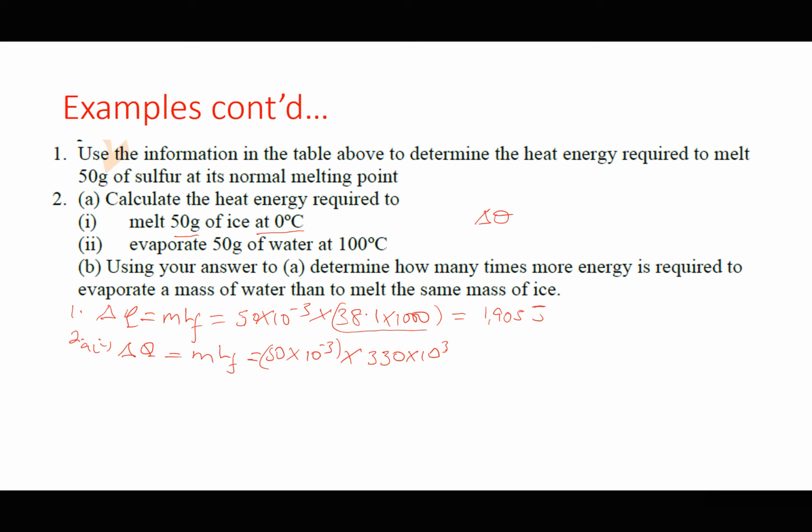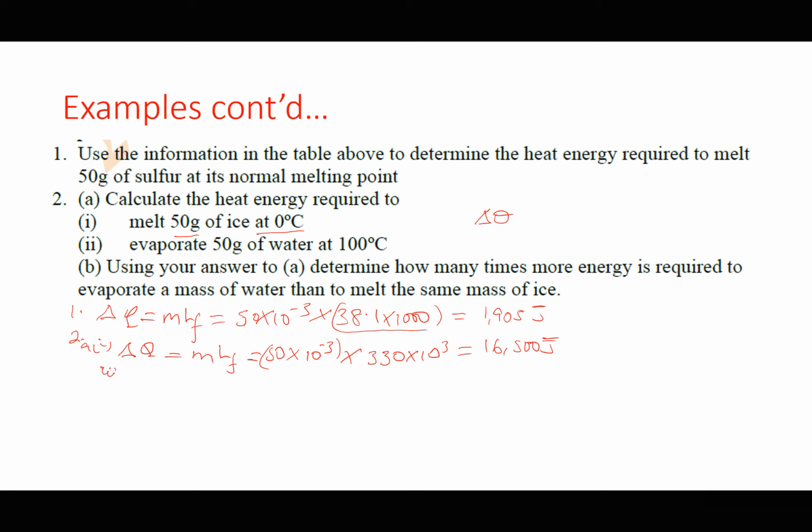So we can press our calculator again: 50 exponent negative 3 times 330 exponent 3. And this gives us a value of 16,500. You can also check with your calculator. So that is the amount of heat required to melt 50 grams of ice.